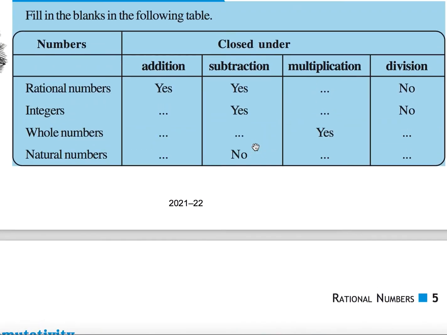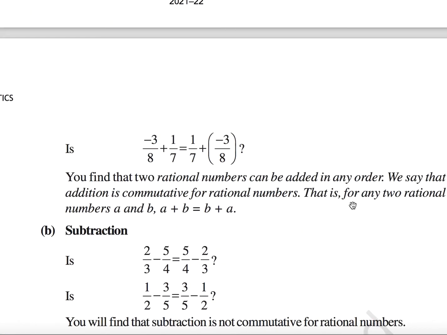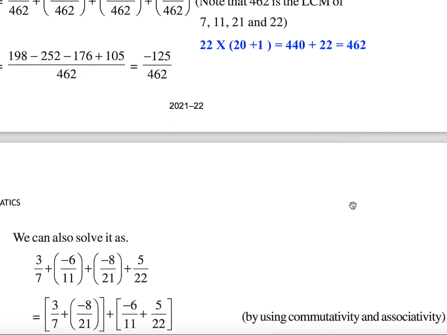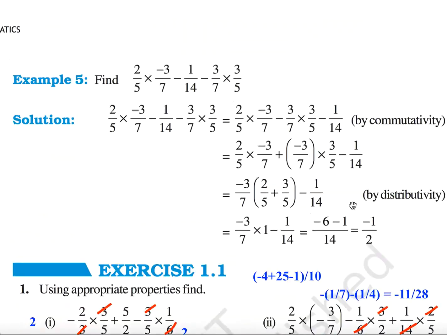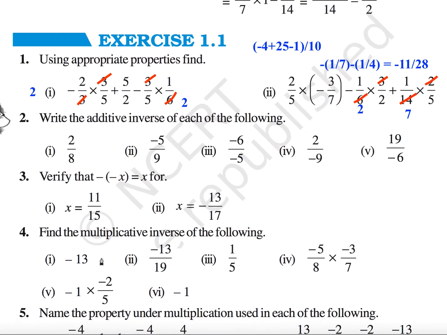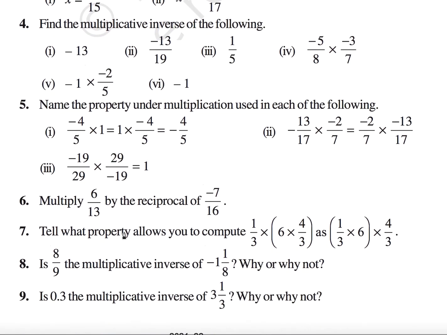Okay, a plus b equals b plus a, somewhere I have seen. Yeah, that is commutative. So that property is commutative property. Okay, where is that? Here, here and here. And this is not reciprocal. This one is reciprocal or multiplicative inverse.